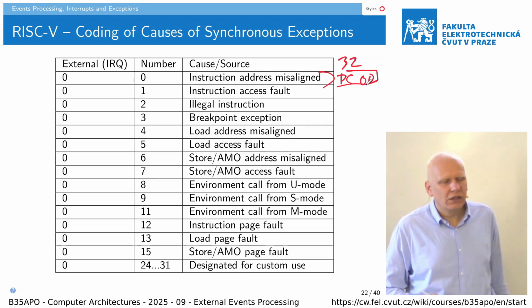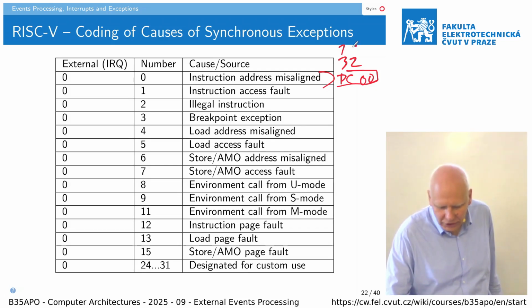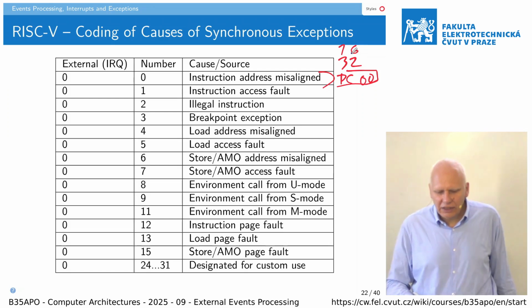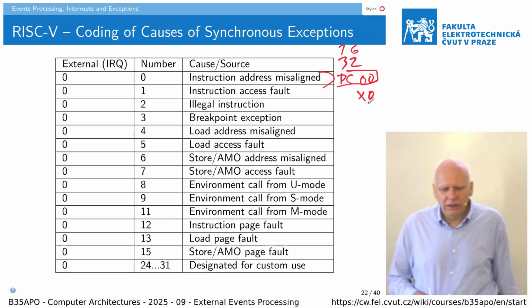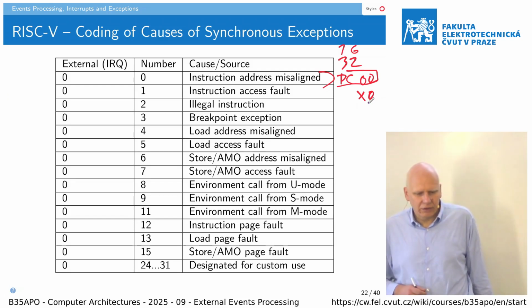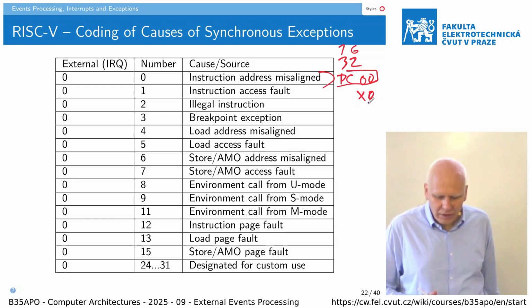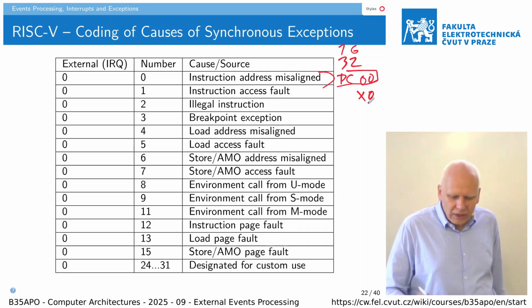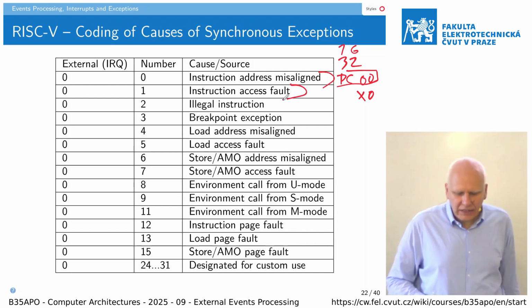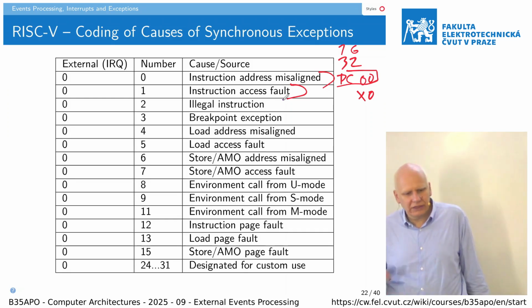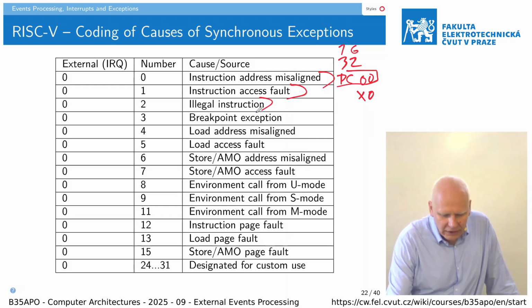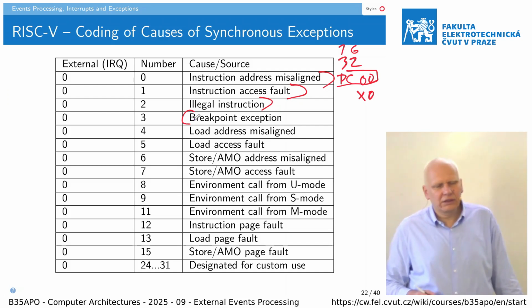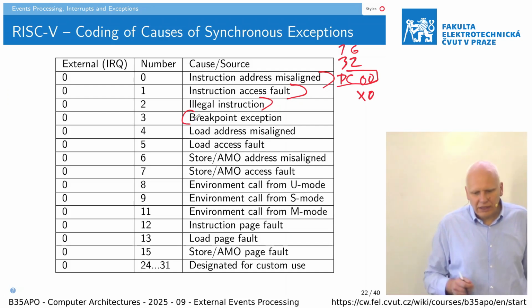In the case of the 16-bit encoded instructions, only the last bit has to be 0, and bit number 1 can be an arbitrary value. Then we have there instruction access fault, so basically that the instruction could not be fetched for some reason. Illegal instruction, breakpoint exception, so that the ebreak has been executed.